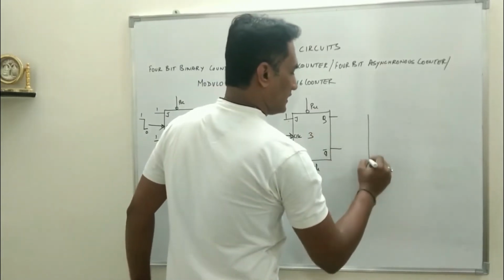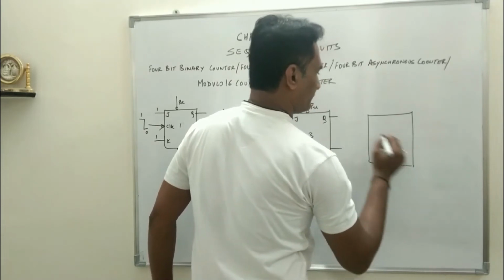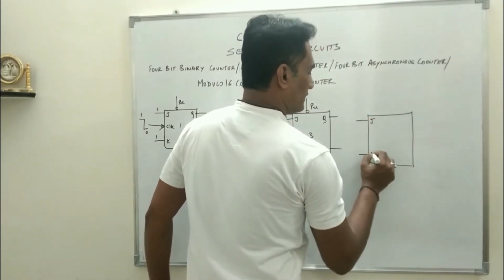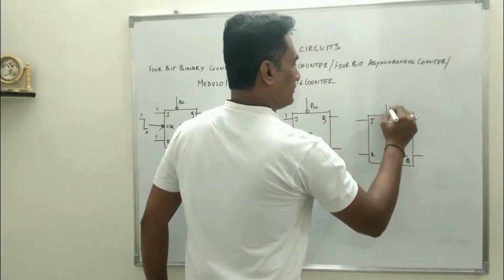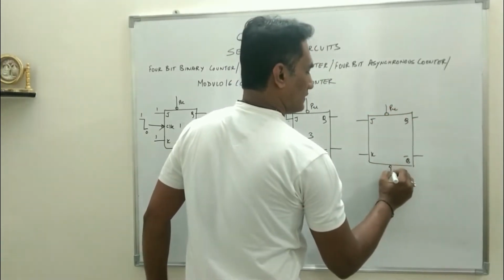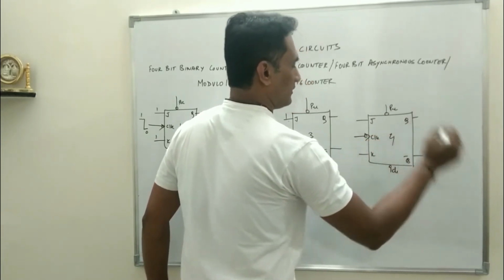This is the third. And this one is the fourth: J, K, Q, Q bar, preset, clear and a negative edge clock.